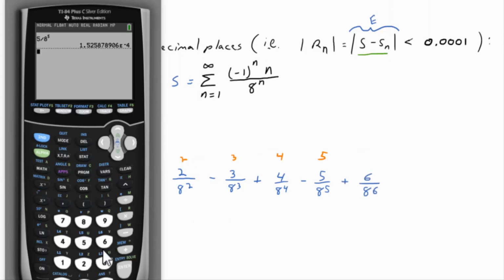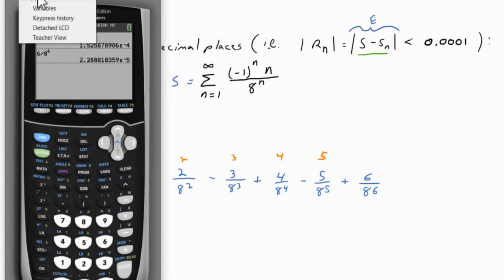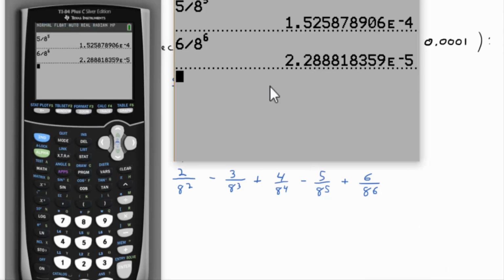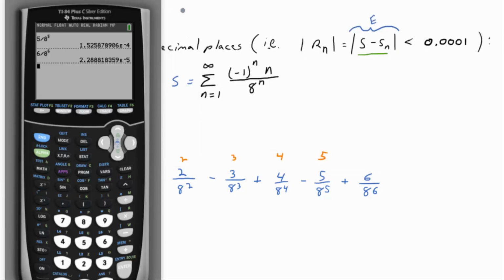Does that one satisfy? 6 divided by 8 to the 6th power. Okay, that means we have 4 zeros in front of it. 4 zeros in front of the 2 will be less than 0.0001. We're good to go. So this term right here satisfies the condition.